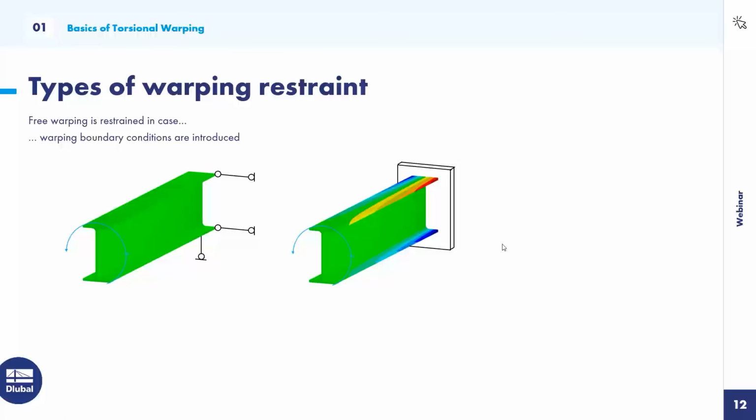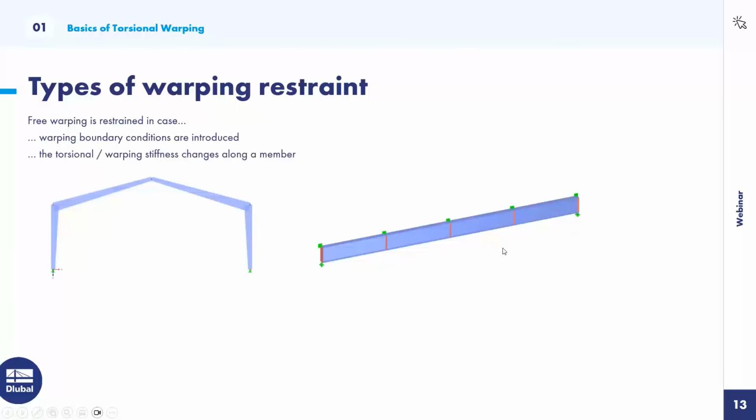Free warping can also be hindered by changes of the torsional or warping stiffness along the member. Here are two examples for that. For example, if we have a tapered member where the section size changes along the member, there we have a warping restraint basically. The neighboring sections restrain each other from free warping.